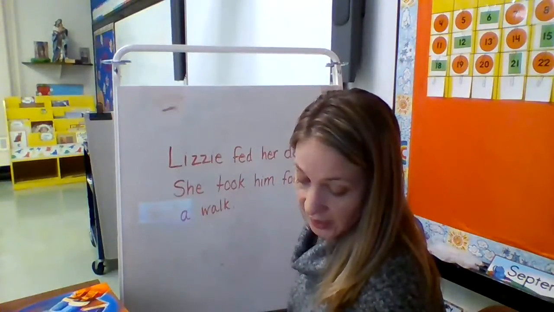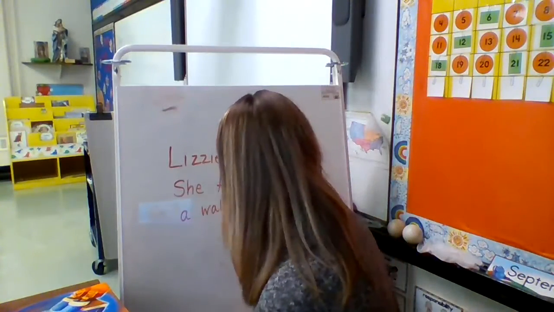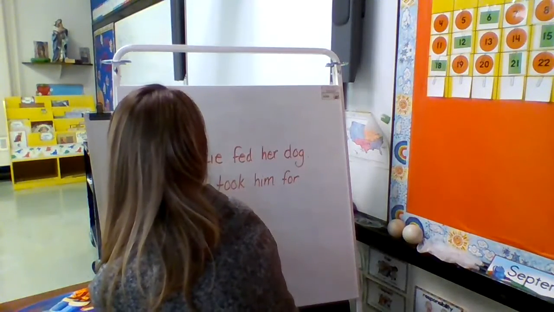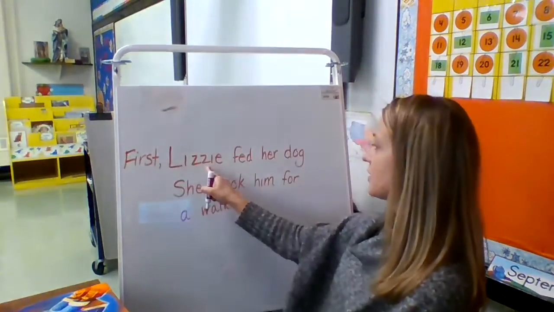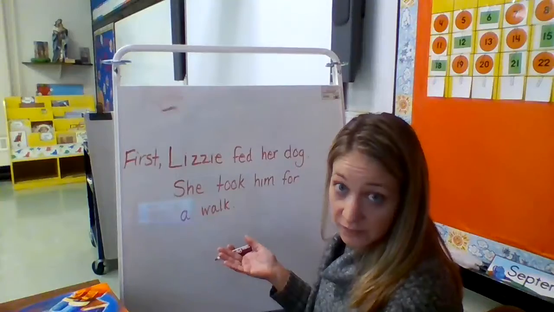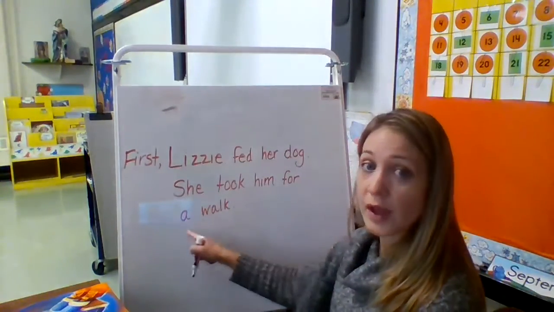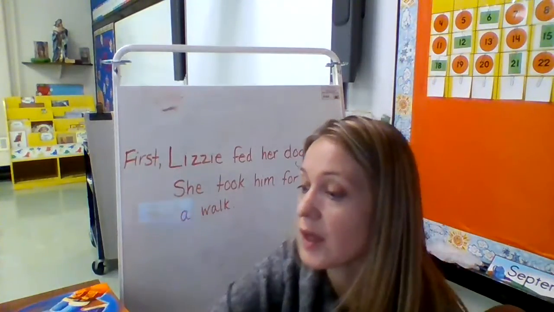We could say, first, Lizzie fed her dog. Now, she does something after she feeds the dog. What does she do? She took him for a walk. We could also put another time order word here.